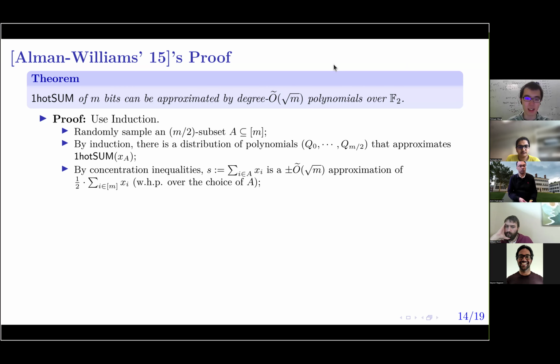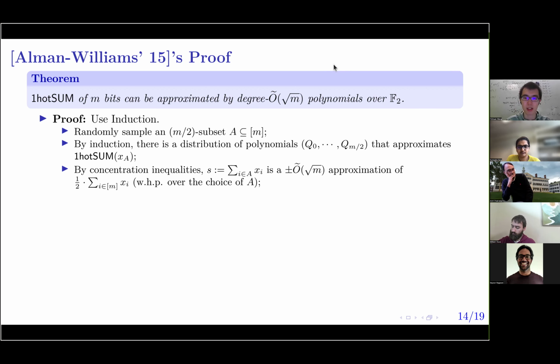Then by induction hypothesis, we have an approximation polynomial for the sum of those sampled half of bits. And also by concentration inequality, for this randomly sampled subset, the partial sum on the sampled bits can give an approximation of the total sum. And the error is approximately plus minus square root of m.